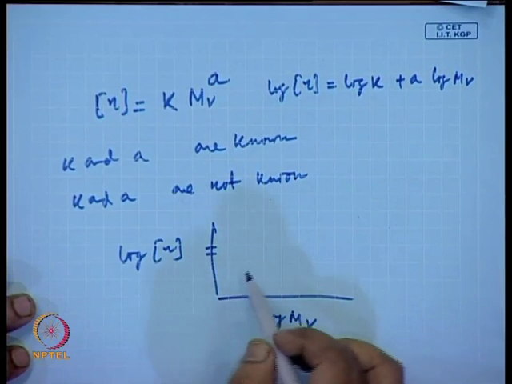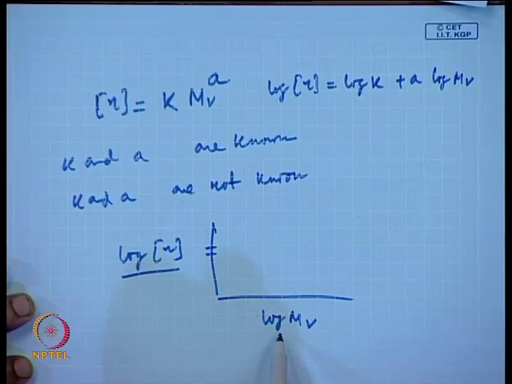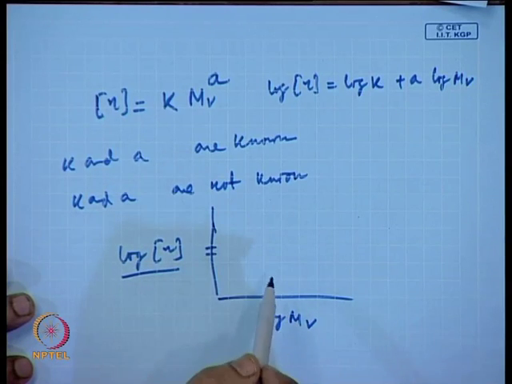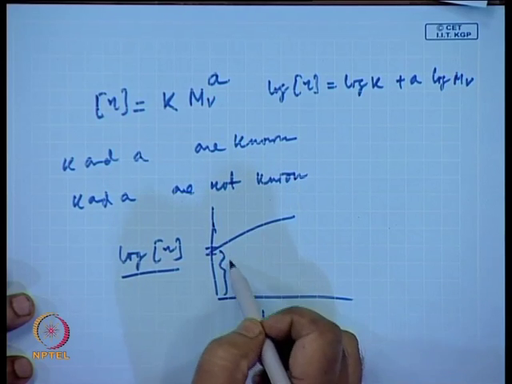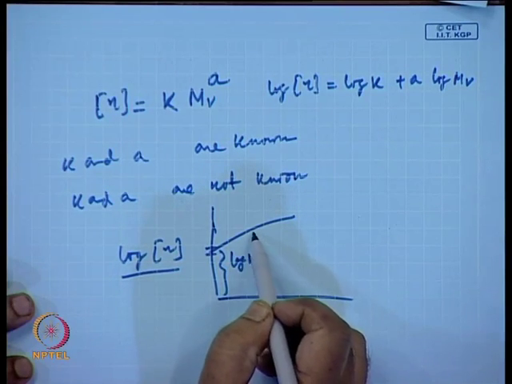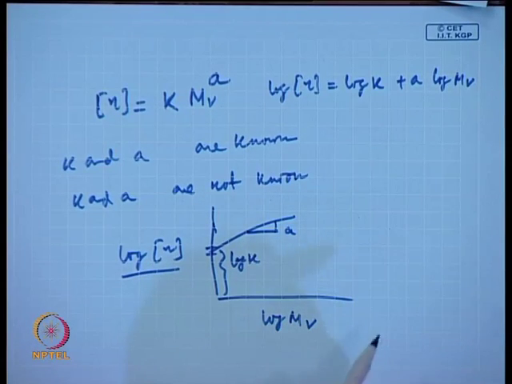So, if you plot log of intrinsic viscosity against log of viscosity average molecular weight, the intercept will give you log K and the slope will give you a.